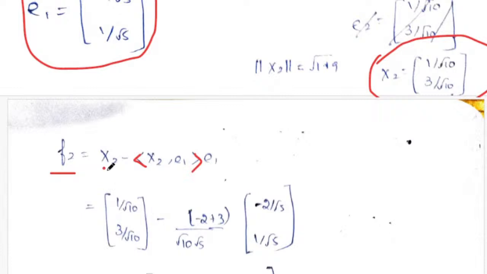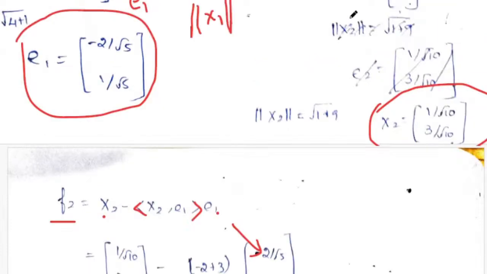So X2 is nothing but (1 by root 10, 3 by root 10), and the inner product of X2 with E1 is 1 by root 5 root 10, taking common, minus 2 into 1 plus 1 into 3, that is minus 2 plus 3, times E1. E1 is nothing but (minus 2 by root 5, 1 by root 5).